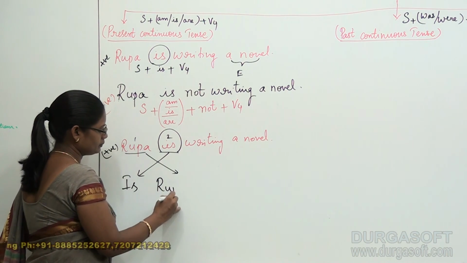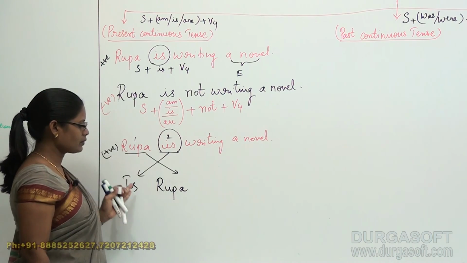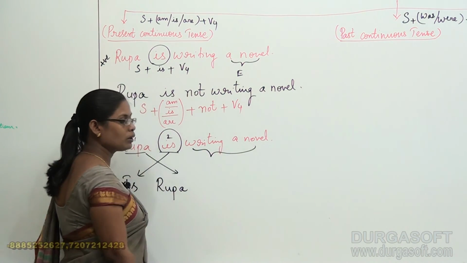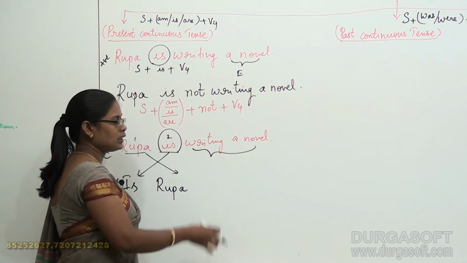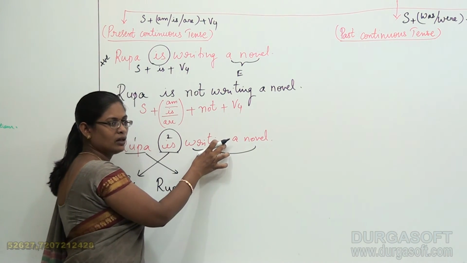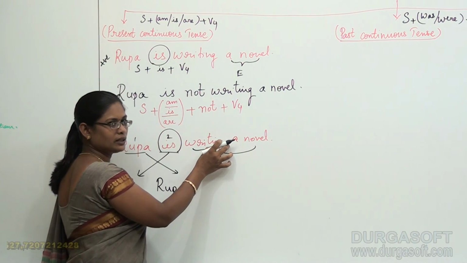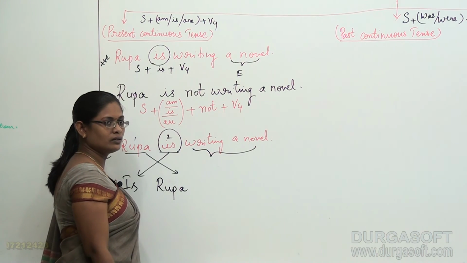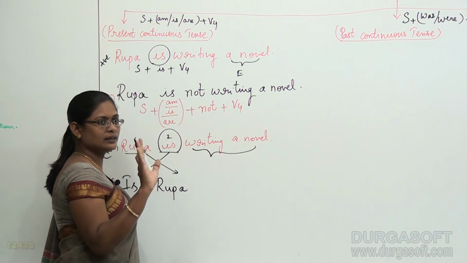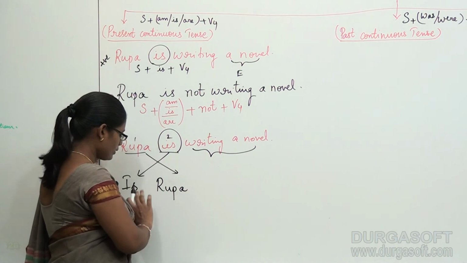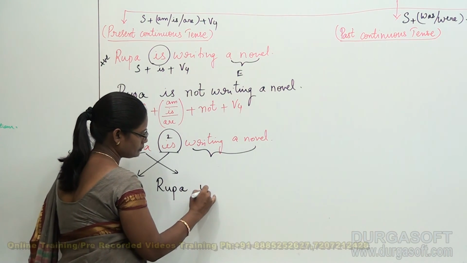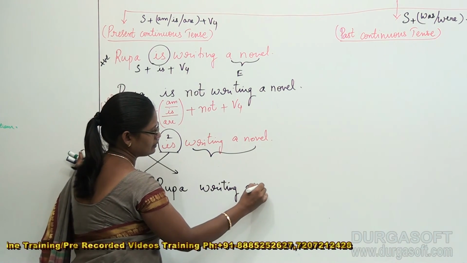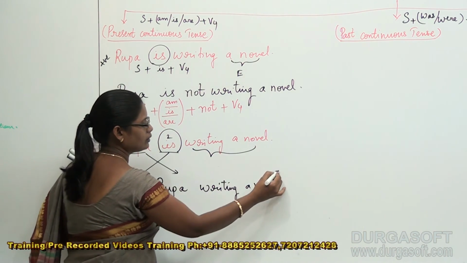Is Rupa. And as it is, the remaining part of the sentence has to be copied down. Whatever the structure you are following here, whatever the form of verb that you are using here, the same form of verb has to be followed immediately after the exchanging of the places. Okay, right. Is Rupa writing a novel?